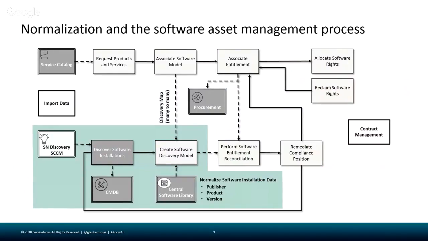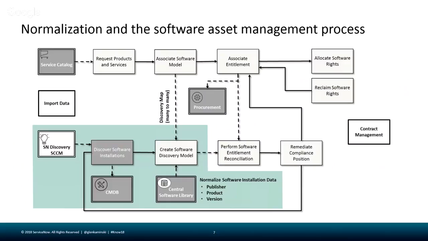When we take a look at normalization, the normalization elements are included within the box that you see at the bottom of this screen. This is a slightly simplified software asset management process, but we wanted to highlight those areas and those activities that we focus on for software normalization.